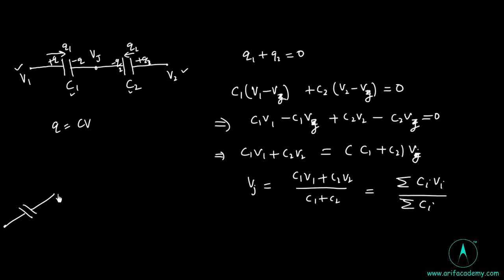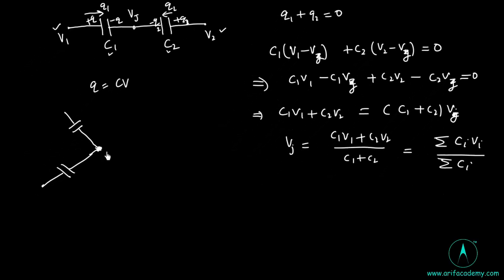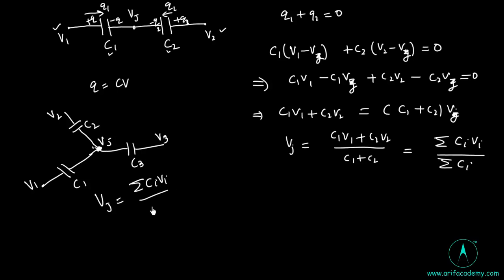If we have 3 capacitors and this is the junction, suppose these are C1, C2 and C3, and potentials V1, V2, V3. So the potential of this junction equals summation of Ci Vi upon summation of all capacitances.